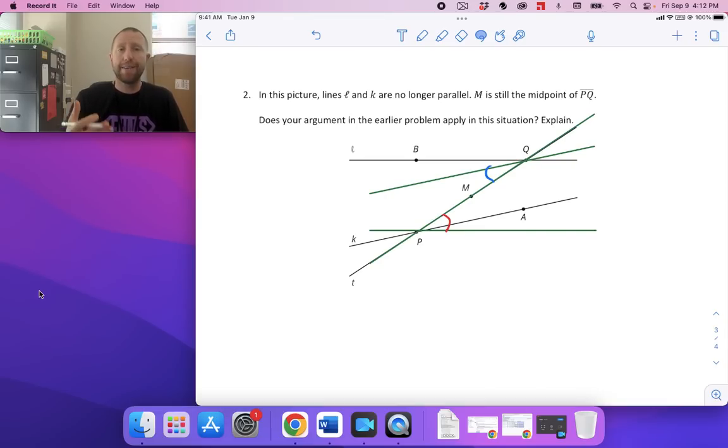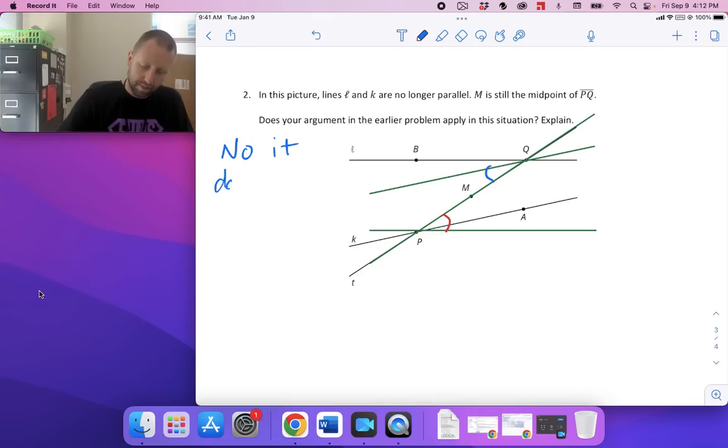How can we prove that? Through a rigid transformation. We take a 180-degree turn around the midpoint of that transversal line, and that's going to get us that those two alternate interior angles match back up, and that they are then indeed congruent. Okay? So does my argument in the earlier problem apply in this situation? No, it does not.